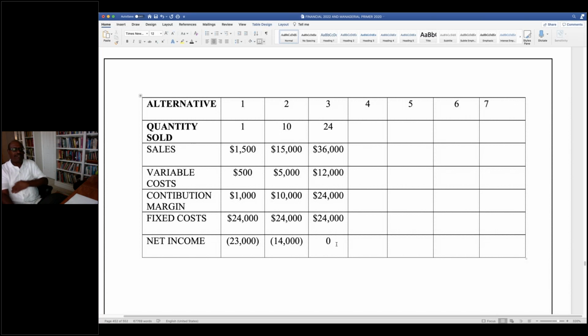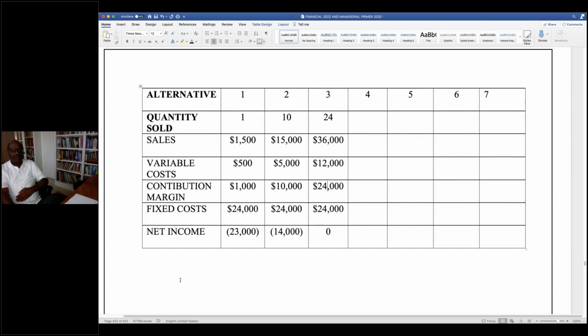Suppose we didn't want to play with the numbers. You would want to be working, right? So you would need to be able to calculate, we just say, a break-even quantity.